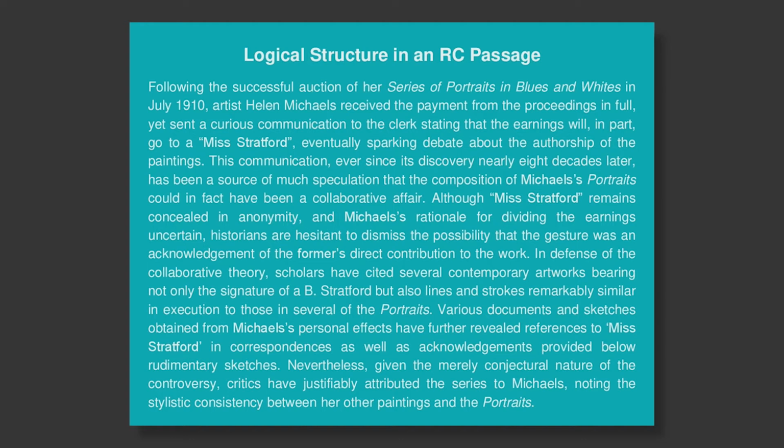Now, one key thing to help you tackle passages like this, make sure you separate the names and the ideas very clearly. Now we're talking about Michael's, right? Michael's personal effects. So Michael's personal stuff, they found documents and sketches over there where there were more references to Stratford in correspondences, probably letters, right? And acknowledgments provided below rudimentary sketches. What acknowledgement of what?